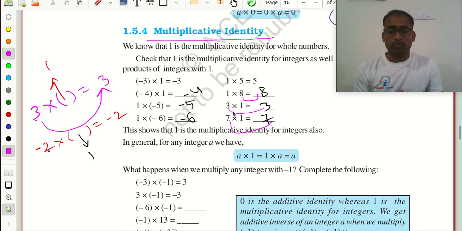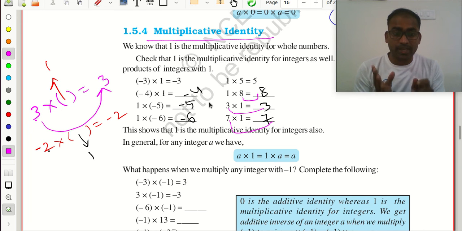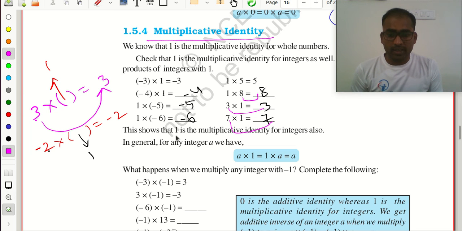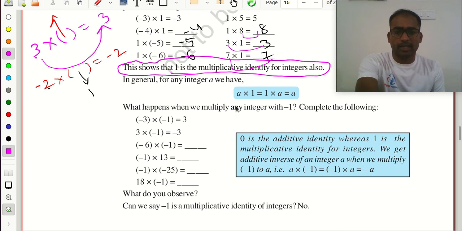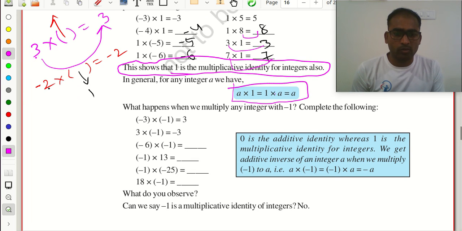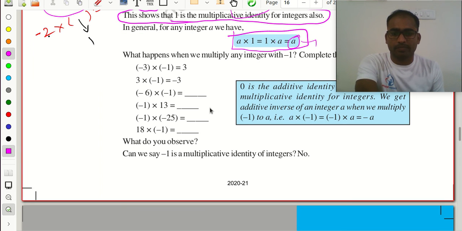So after putting 1 only, we are getting the same number as a result. So we can say here 1 is a multiplicative identity for integers also. So in the generalized way, I can write a multiplied with 1 is equal to 1 multiplied with a. What is the answer? A only, because of the multiplicative identity 1.